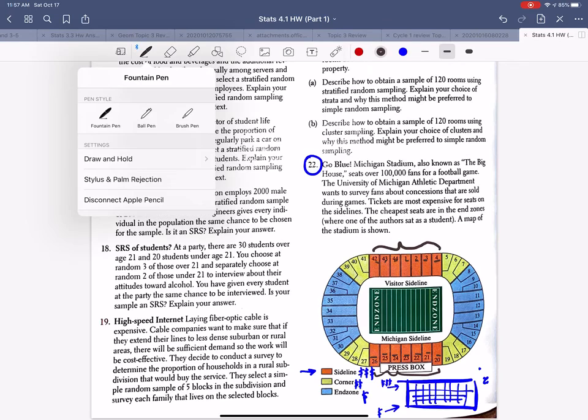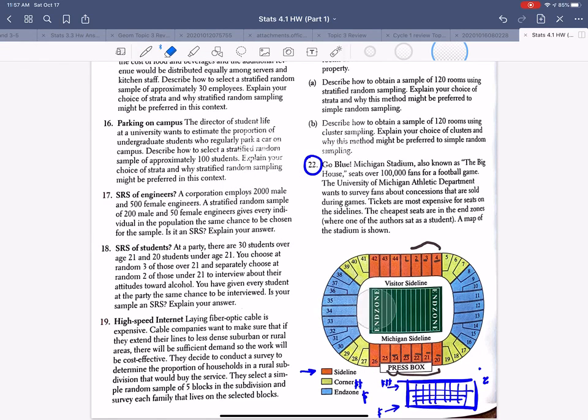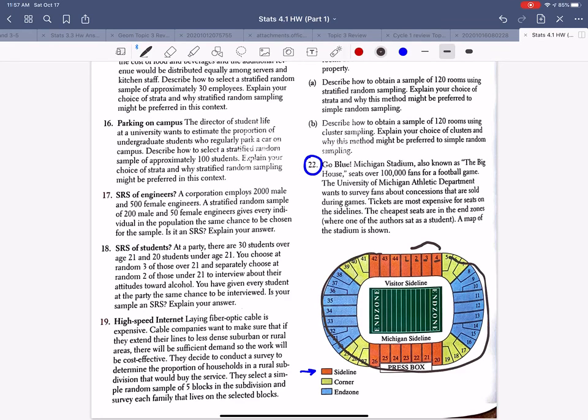If I do this truly as a cluster sample, then I would give each of these outside section numbers an equal chance of being chosen. So maybe this one would be selected and that one, and maybe this one and that one and this one and that one. And then that's it. So I'm going to choose these 42, 39, 34, 23, 20, and 8.